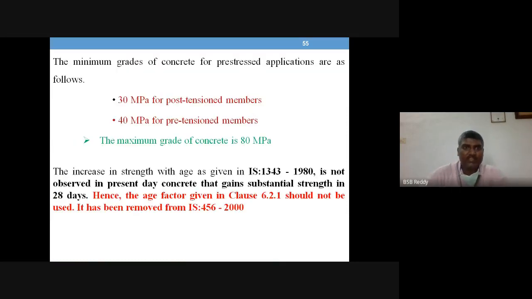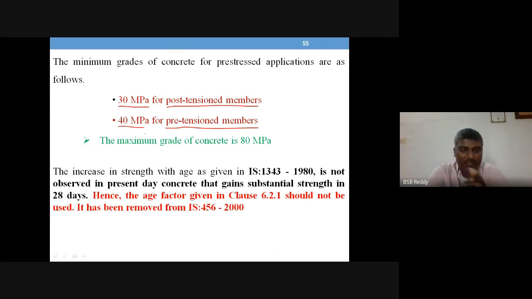Going to the next slide. This is what I have given here as a gist from the last slide. So for post-tensioned members, M30 grade shall be used, and for pre-tension members, M40 grade shall be used. Minimum grade of concrete.